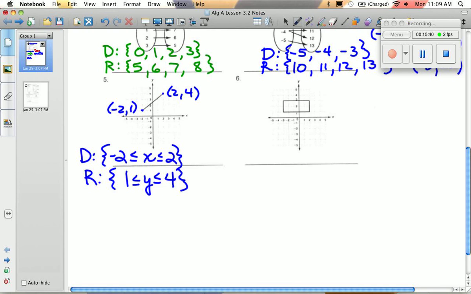Okay, here's what we're going to do. Every time we have a graph like this, we're going to name the corners or the endpoints. Here it's corners, right? There are some endpoints and then it turns. So we're going to name the ordered pairs at each of those corners. Go ahead, name those four ordered pairs on your graph.